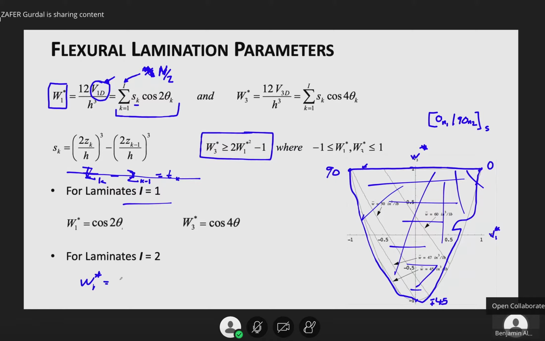will be equal to S1 cosine 2 theta 1 plus S2 cosine 2 theta 2.